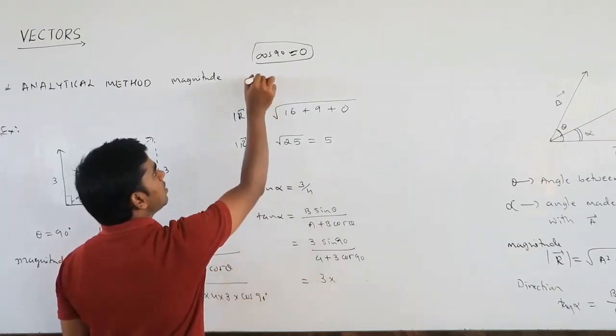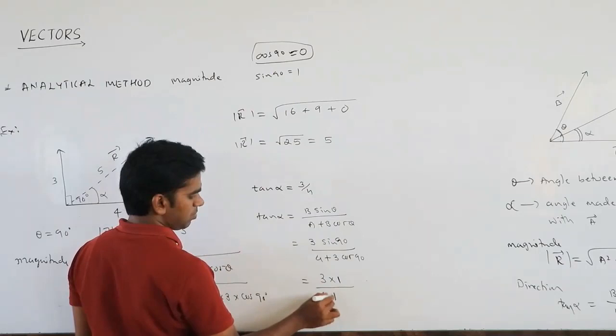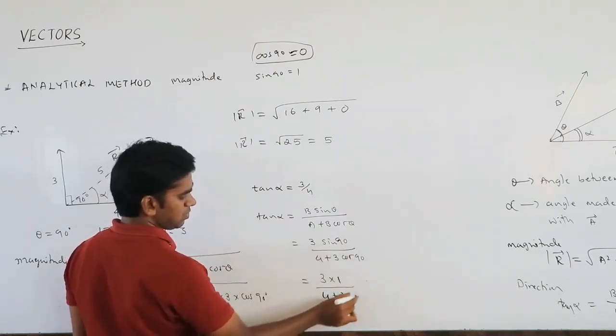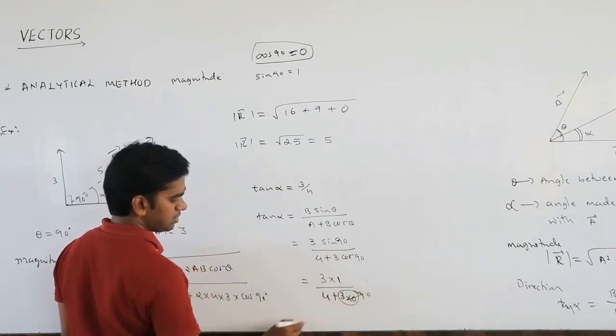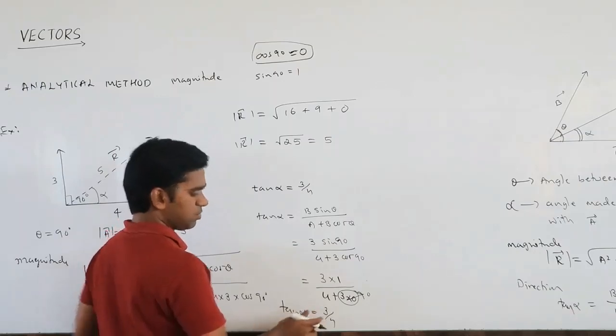Sin 90 means 1, so 3 into 1 divided by 4 plus 3 cos 90, and cos 90 is 0. So the total is 0 and what remains is 3 by 4. Again we get tan alpha equals 3 by 4.